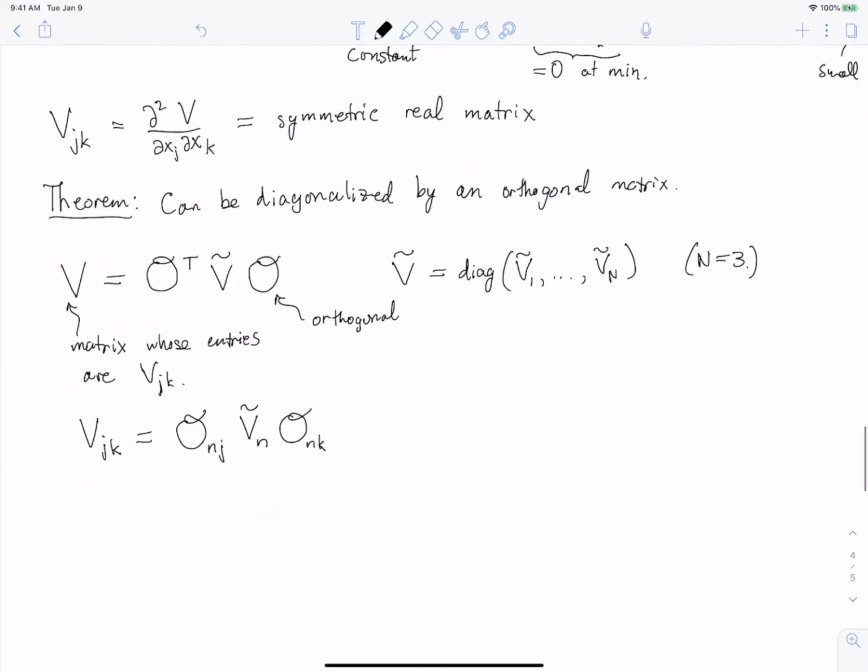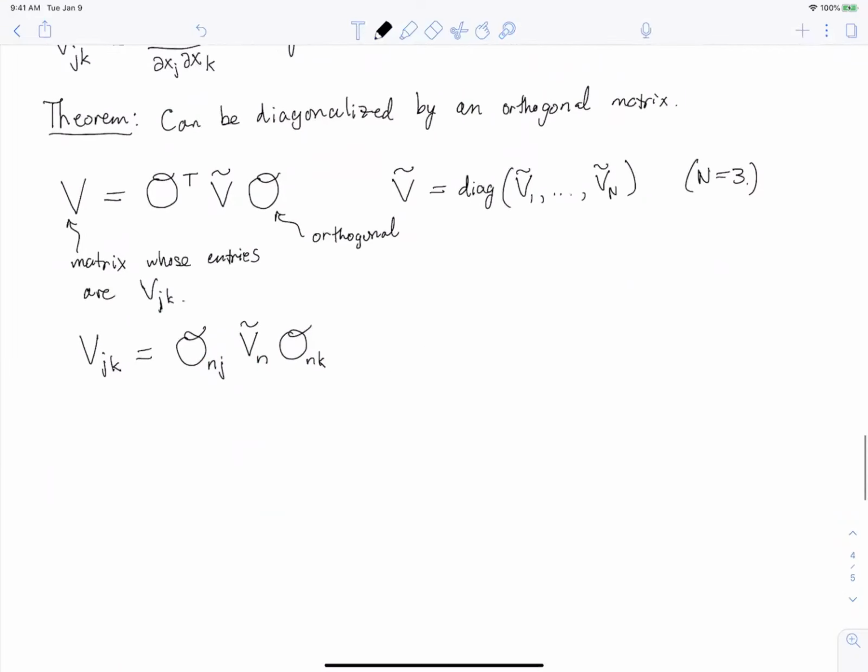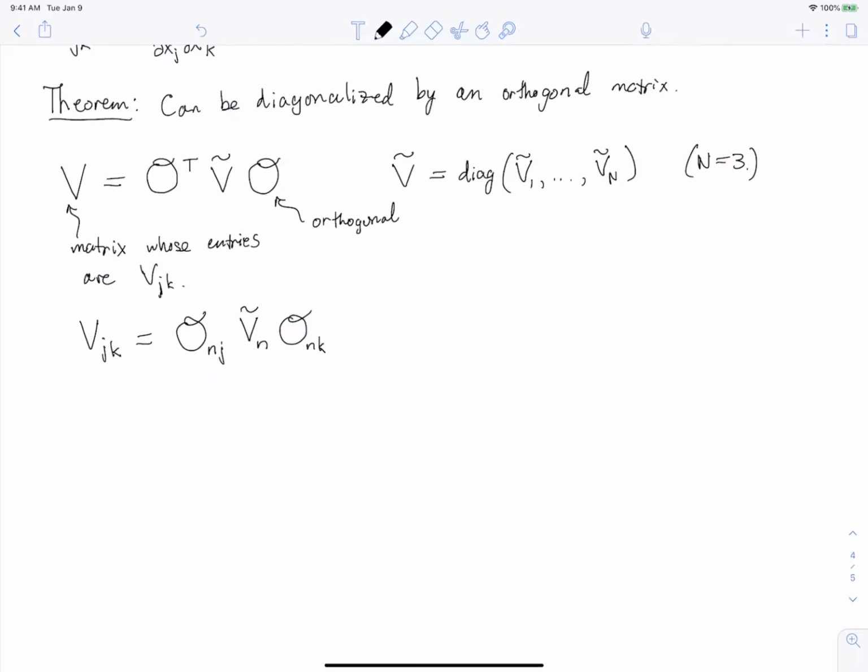Okay, so now what can we do with that? Now we can write our potential as a function of x, y, and z, or x1, x2, x3. It's going to be our irrelevant constant plus sum over ijk of 1/2 orthogonal matrix, oh, sorry, I need to go back here.